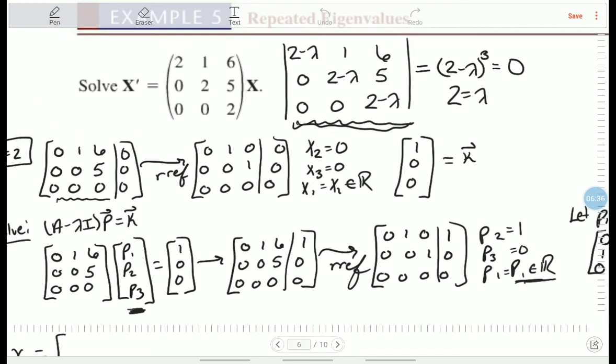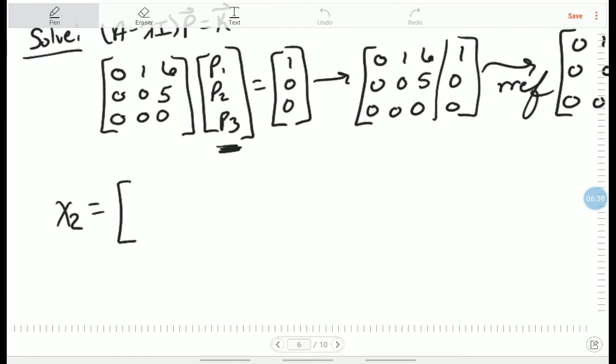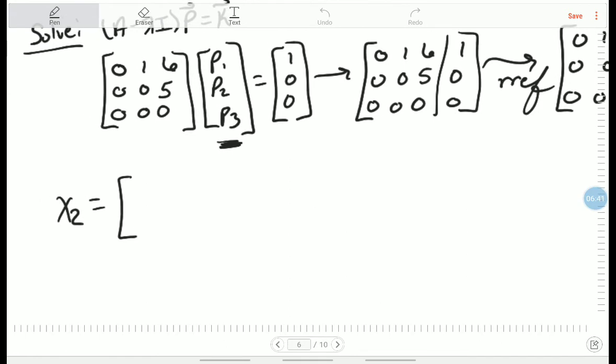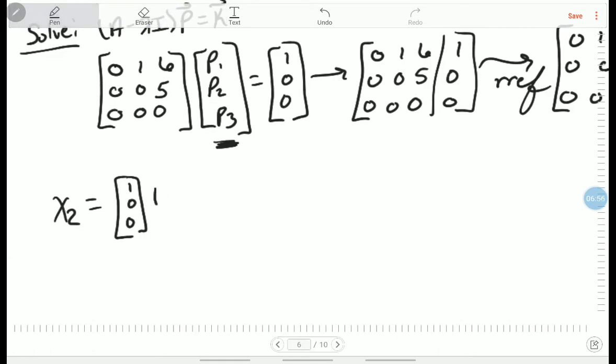So x2 is still going to be the eigenvector, which for us is 1, 0, 0, times t e to the 2t plus our p vector times e to the 2t.